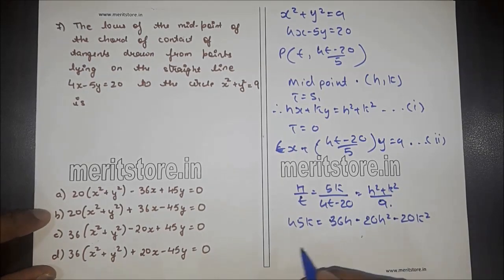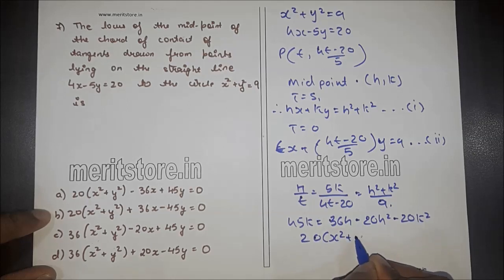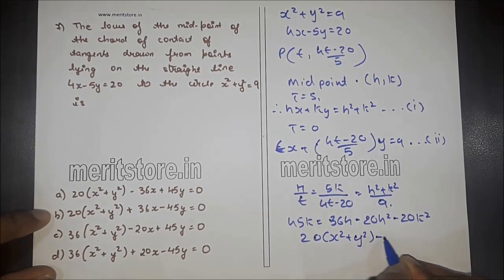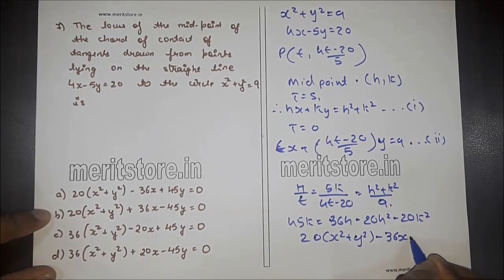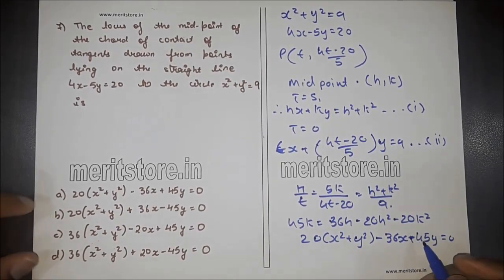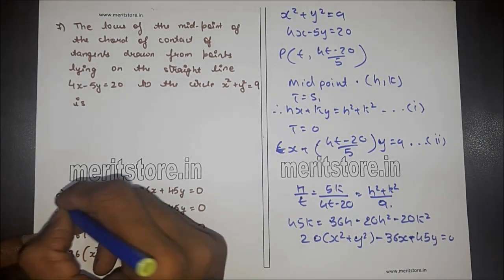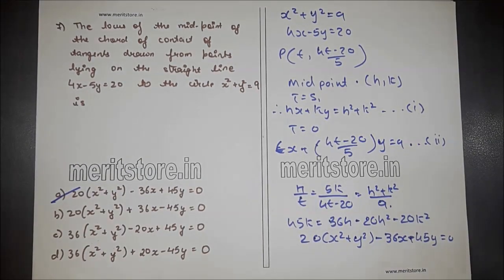The locus is given as 20(x square plus y square) minus 36x plus 45y equal to 0, which is our option A. Therefore, option A is the correct answer.